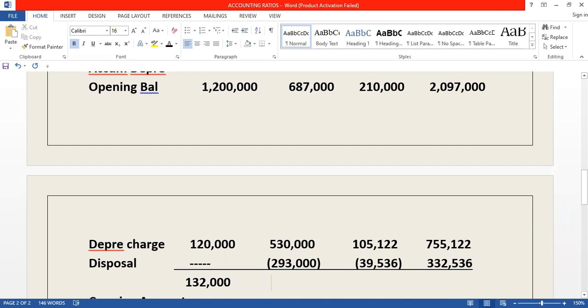How about this? 687 minus 530. Is it correct? 1,320,000. Is it minus or plus? You plus it together. It's only the disposal you are going to minus. 1,320,000.